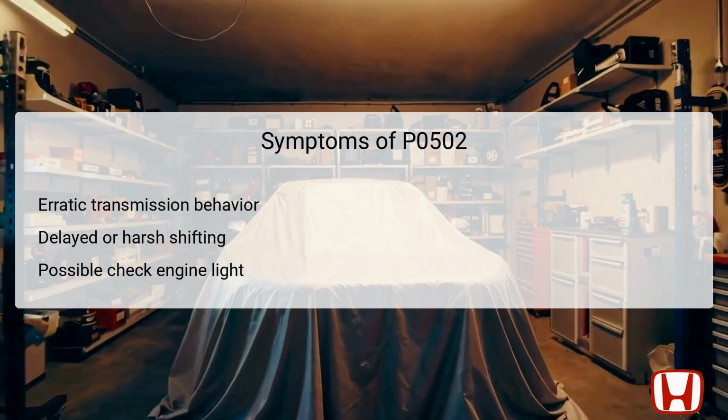Additionally, drivers may find that the check engine light illuminates, serving as an alert from the onboard diagnostic system. Another symptom includes a potential loss of power during acceleration, which can lead to decreased overall vehicle performance. It's vital for drivers experiencing these symptoms to seek professional diagnostic support to avoid further damage and ensure vehicle reliability.